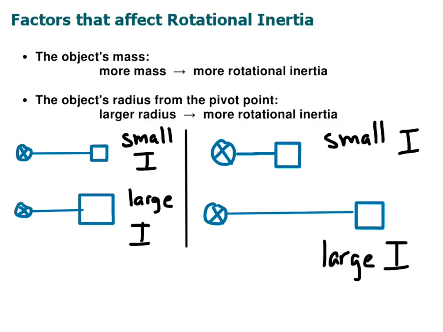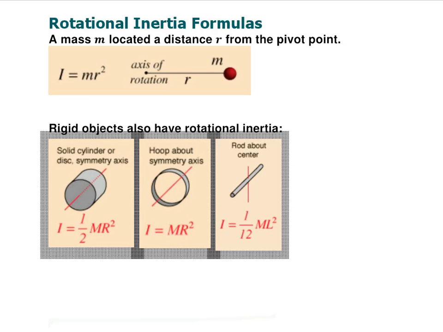So is there some sort of number that we can attach to this? Just like with inertia back in Unit 3, we found out that the amount of mass something has is its amount of inertia. Well, yes, there is actually. And what we do in physics is we have this formula right here.